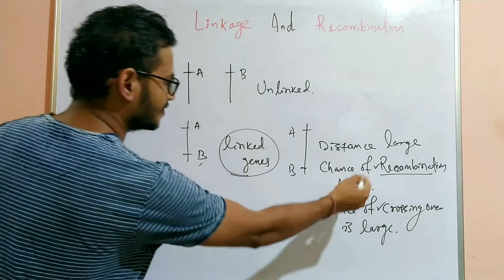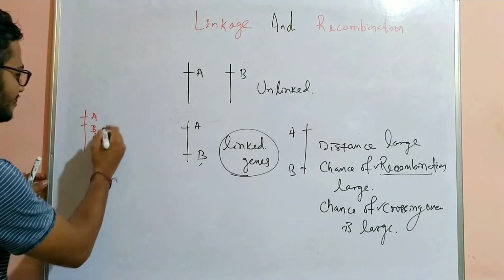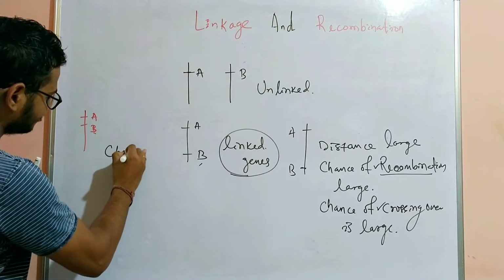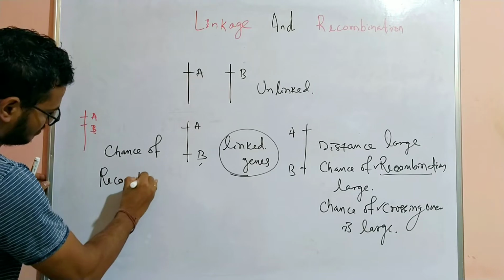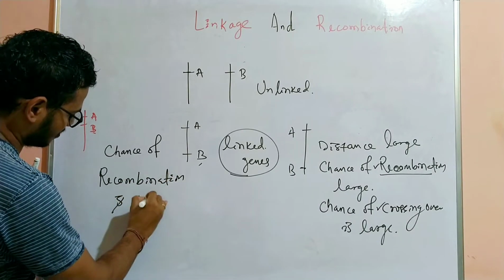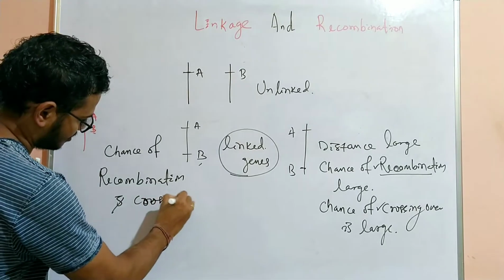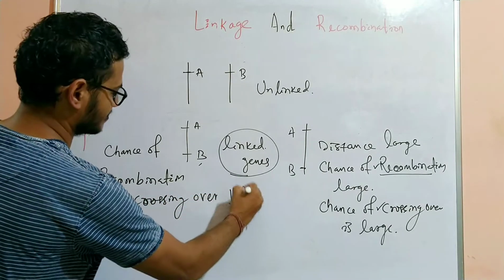So here the chance of recombination and crossing over was large, but here the chance of recombination and crossing over is less.